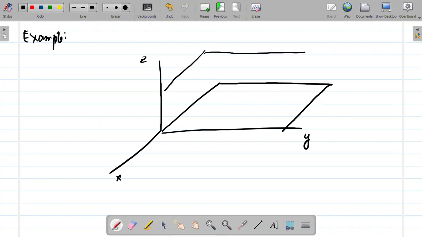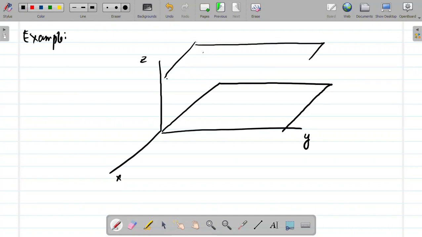So, dalawa sila. Ay, gandaan ko. So, parang ganyan. Two infinite na plane parallel sa XZ. Tama. Parallel sa XZ plane. Ay, sorry. Parallel pa sa XY plane. Parallel.